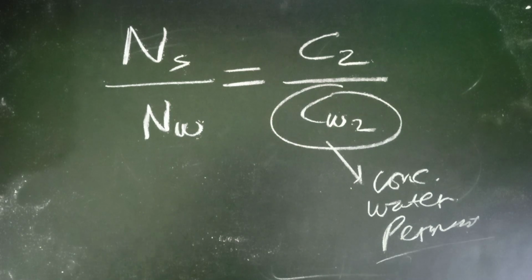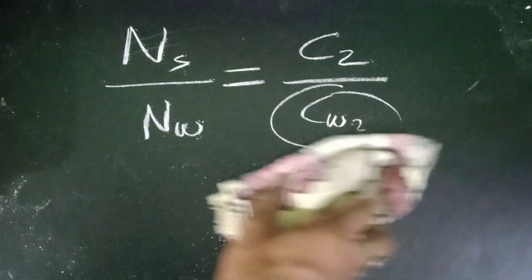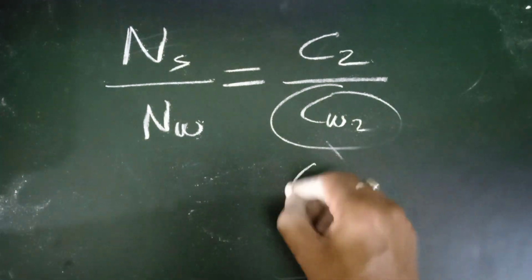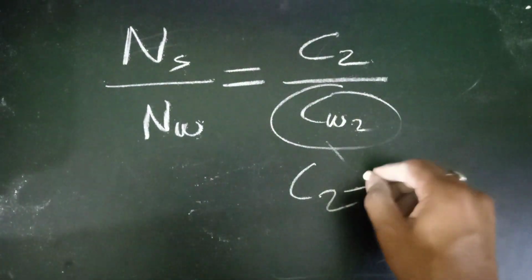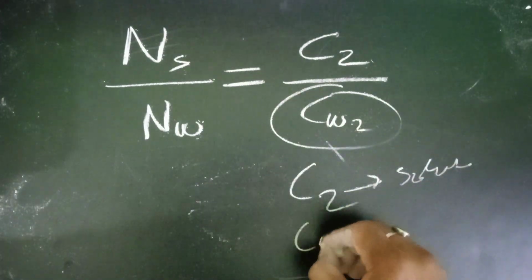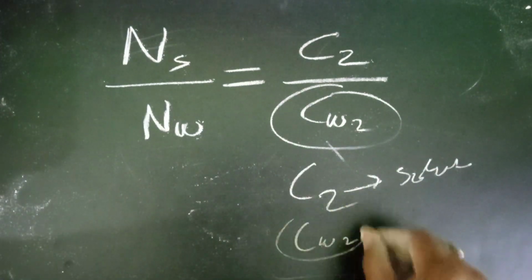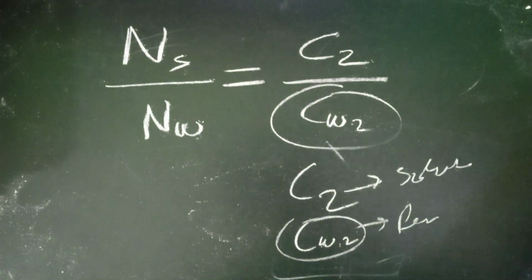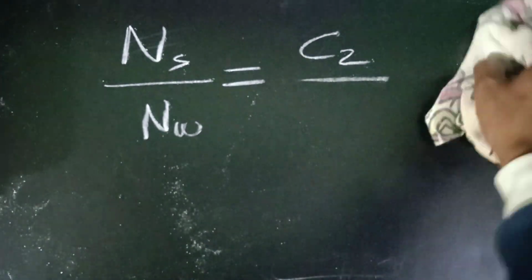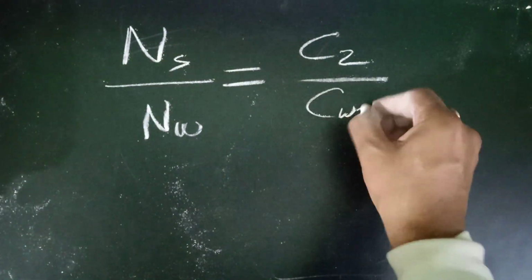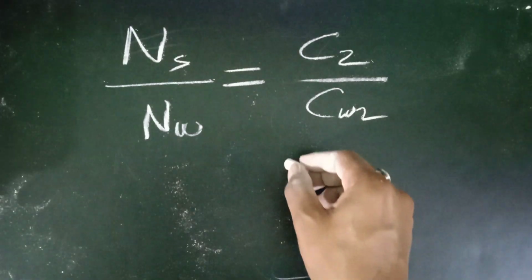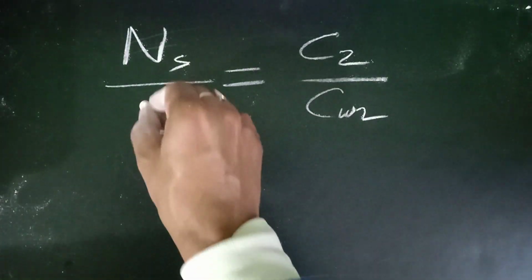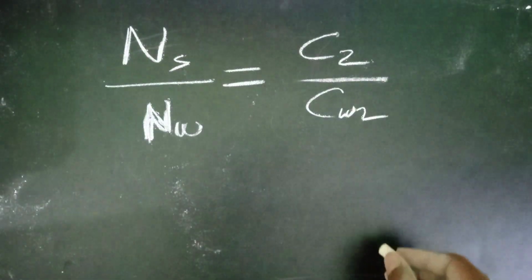This means that C2 corresponds to the solute, but Cw2 is the equivalent concentration of the solvent in the permeate. If we say this is true, then because of the fixed volume, this doesn't change anything, and this will be in the same ratio.